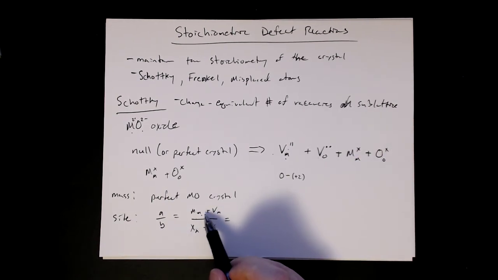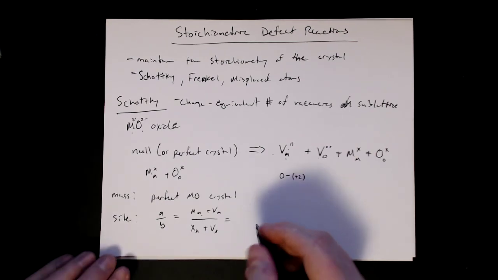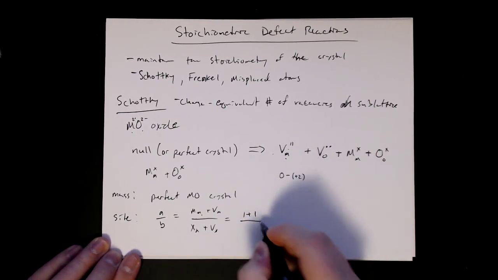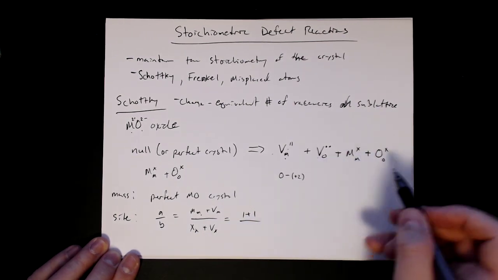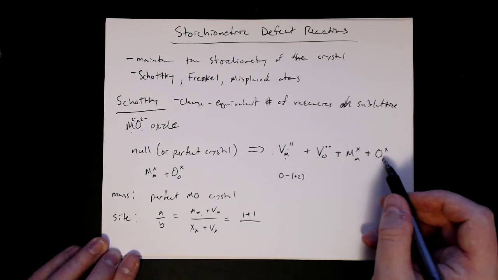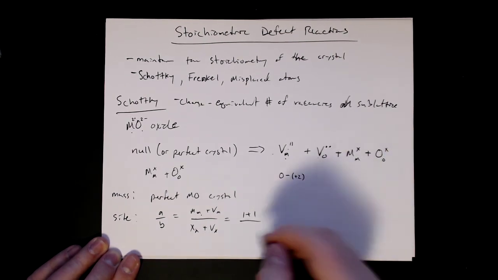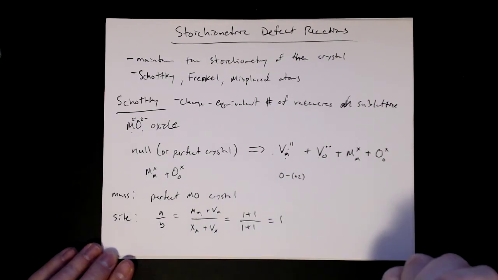If we hadn't written that, you see here a problem. So this is 1 plus 1. And then the same thing with the X, or oxygens. You have 1 vacancy, but we've compensated for it with an extra site. So we've created 2 new sites, but we've balanced those 2. And so we have 1 over 1, and so that still equals 1.